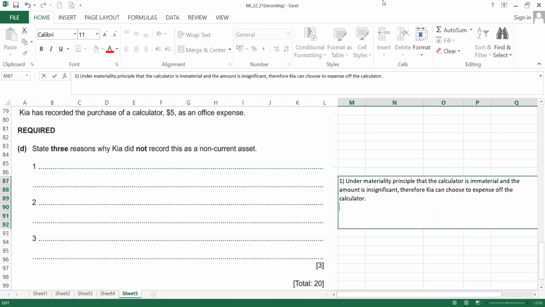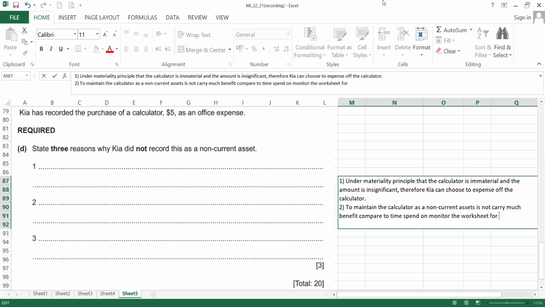Second is the maintenance. To maintain the calculator as a non-current asset is not carrying much benefit compared to the time spent on monitoring the worksheet session.